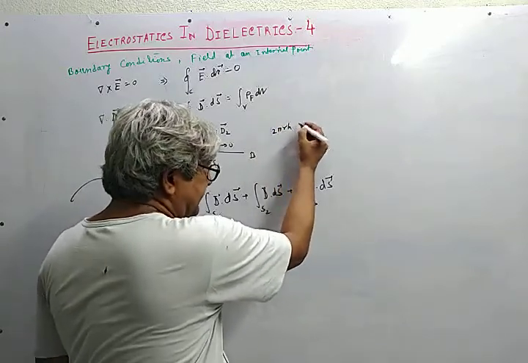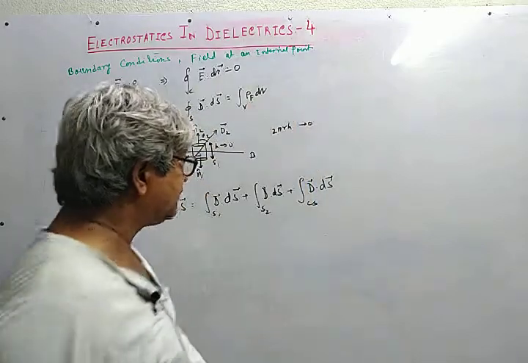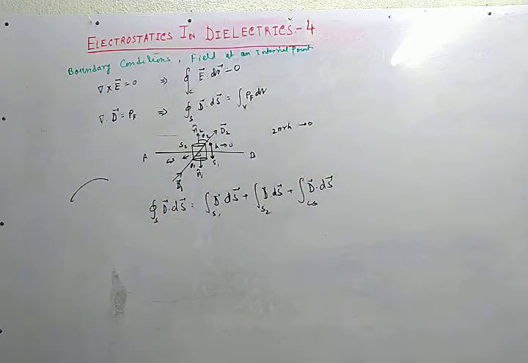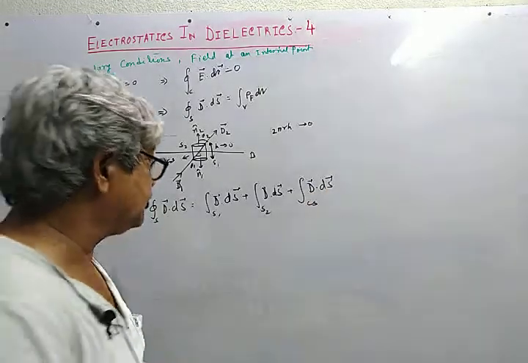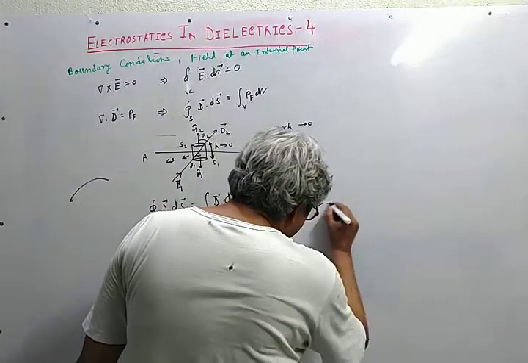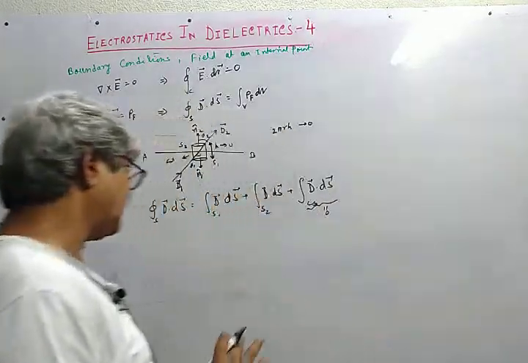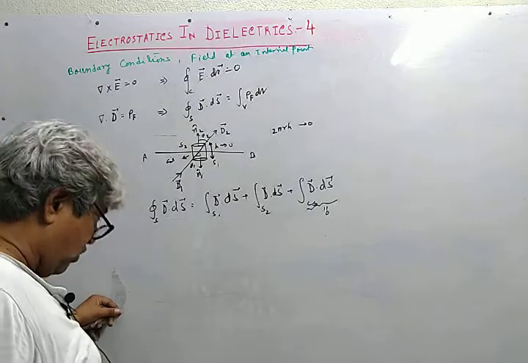Since h tends to 0, this curved surface area goes to 0. And if the D vector is finite, the contribution coming from this is 0. So this can be neglected. Now the two contributions.